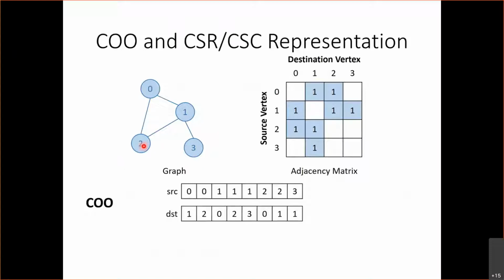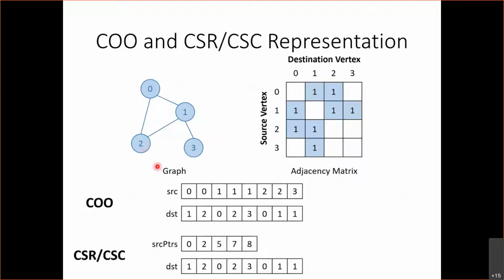We can also represent the graph using CSR or CSC. In this case, if I wanted to do a CSR representation, then rather than having the source vertex indices, we would have source pointers. And these source pointers would point to the beginning of the outgoing edges of the vertex in this destination array.